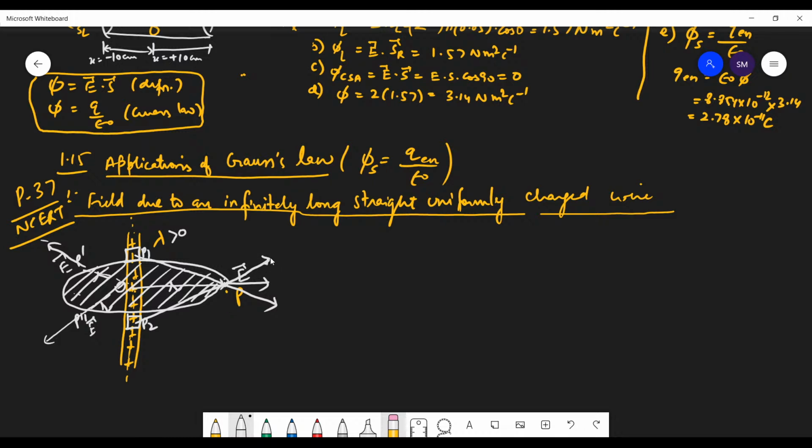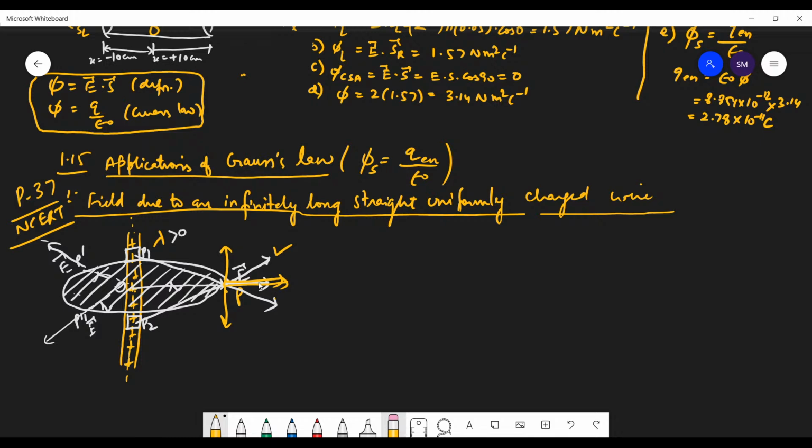So this field will have two components, one horizontal component and one vertical component. This again will have two components, horizontal and vertical. These two components are equal and opposite and they will cancel out each other.